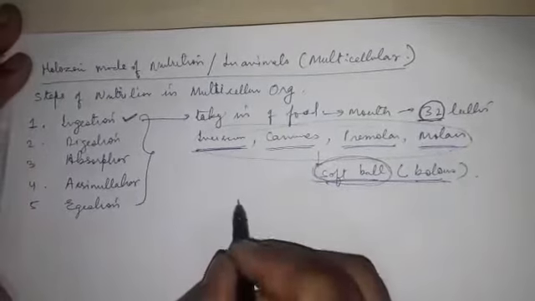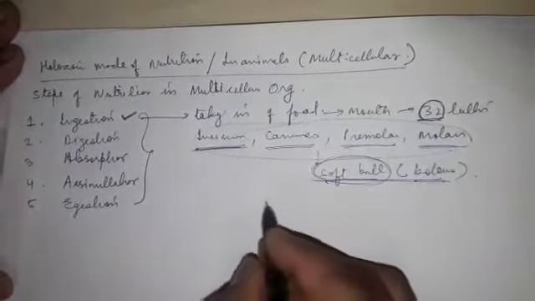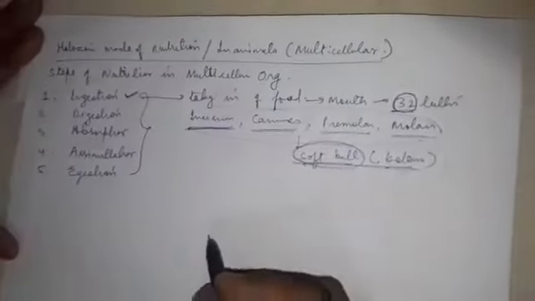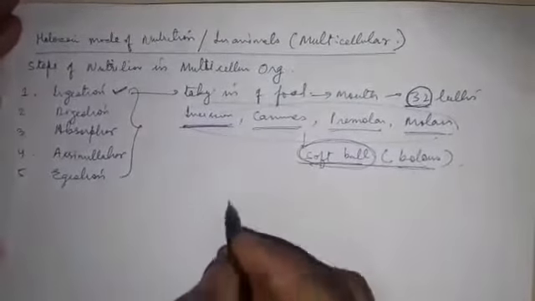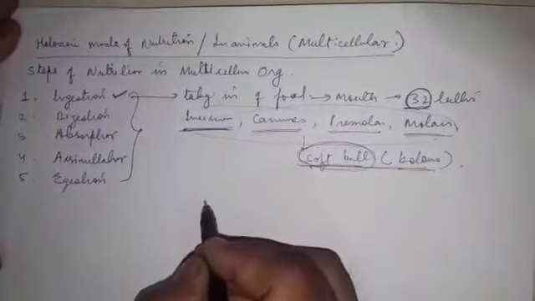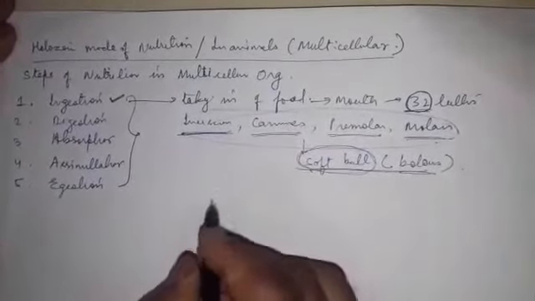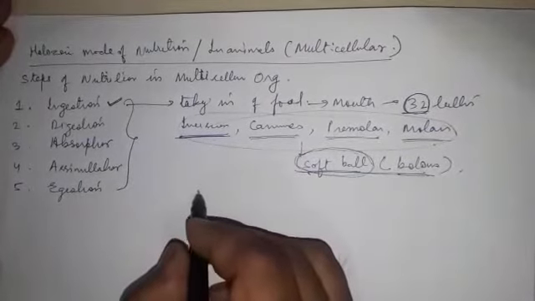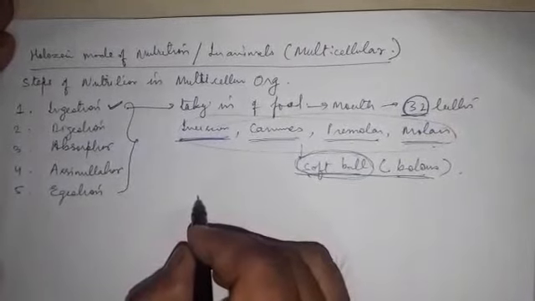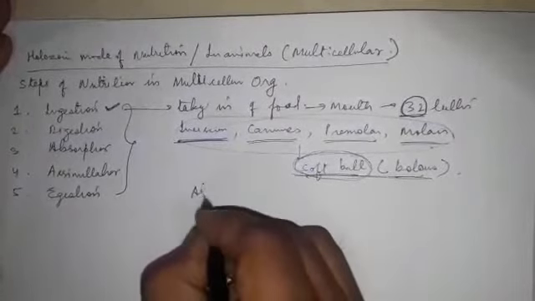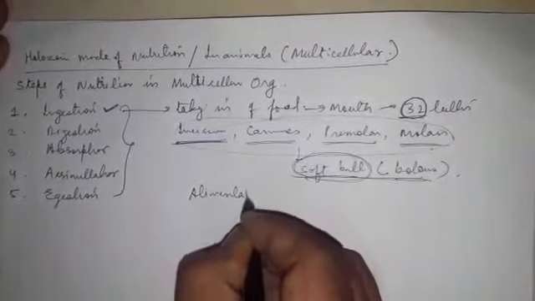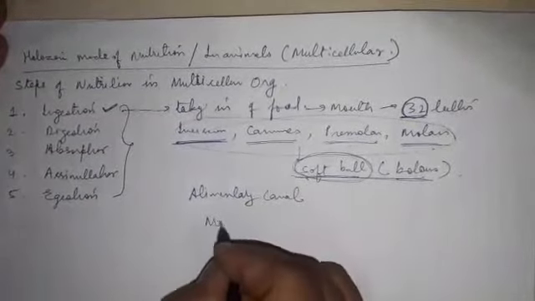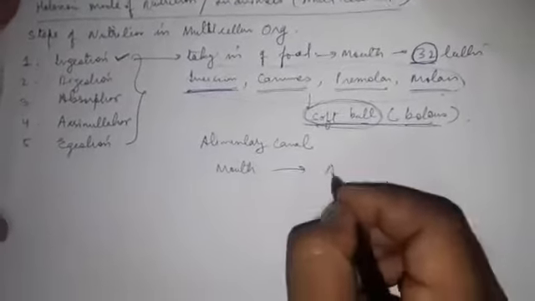As you have already seen in the video which I have just sent to you, our alimentary canal, or what we say is the digestive system in human beings, is a coiled tube-like structure, which extends from mouth to the anus.